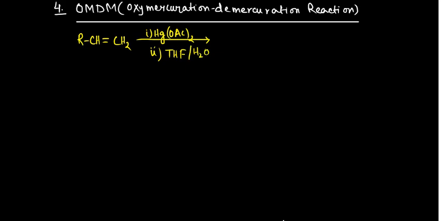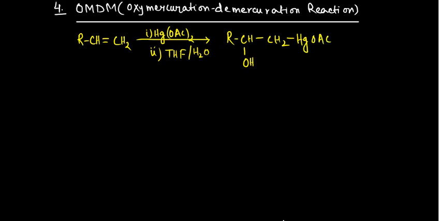First of all, RCH, CH2, OH is added over here, and here we are getting HgOAc. This is the first step, the oxymercuration step.